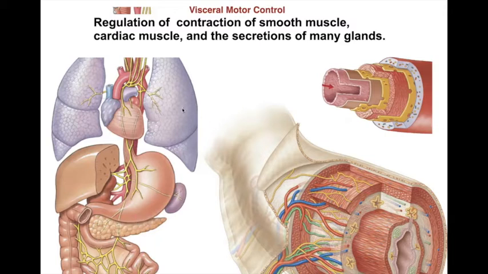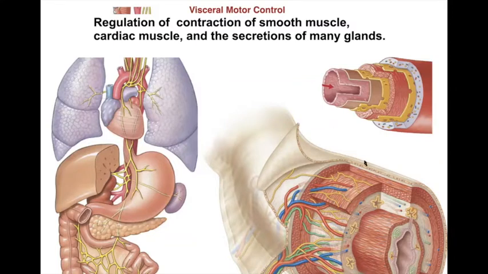And interspersed within all this are your blood vessels. Your blood vessels, your digestive tract, and your airways have layers of smooth muscle, and that is basically what is being controlled by your autonomic nervous system.